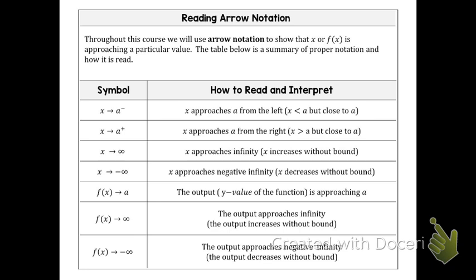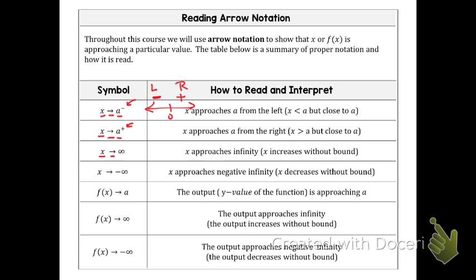So we read that as x approaches A from the left. If you think about your number line, here's 0, your negative numbers are over here on the left, and your positive numbers are over here on the right. So as x approaches A from the left. Then we have as x approaches A from the right, because it's got a little positive.